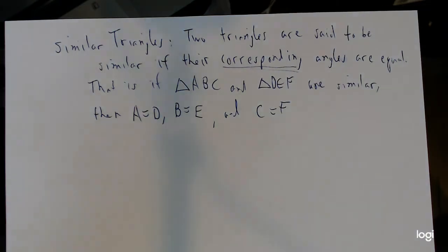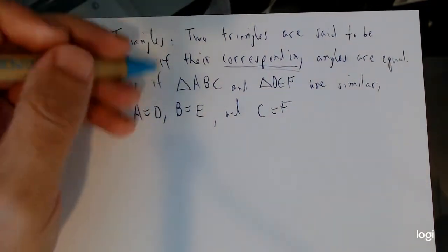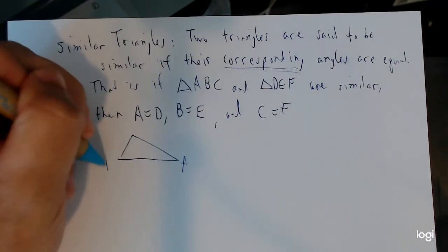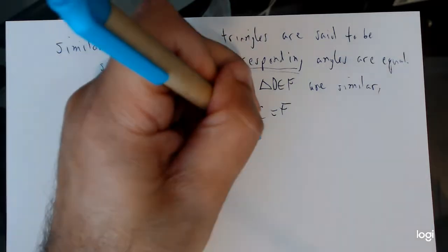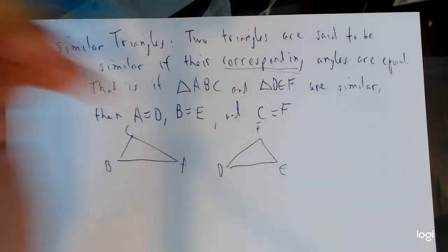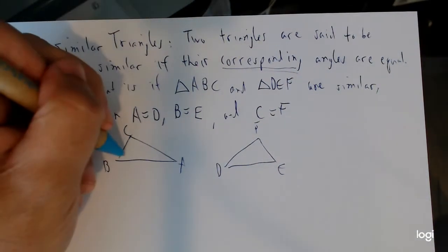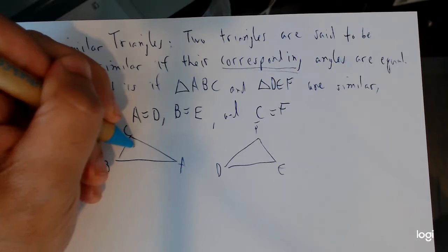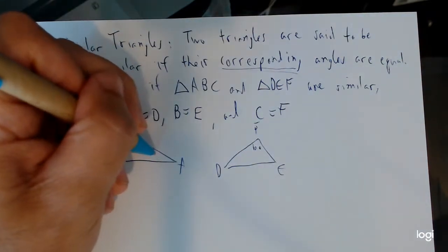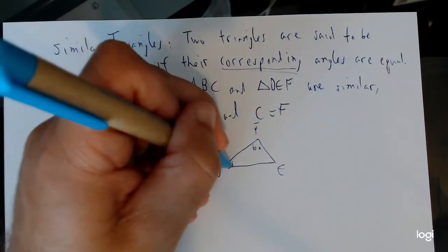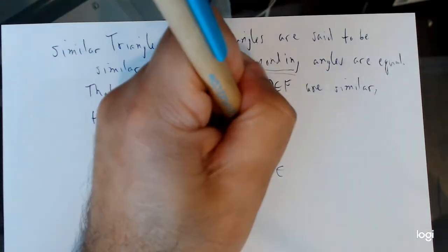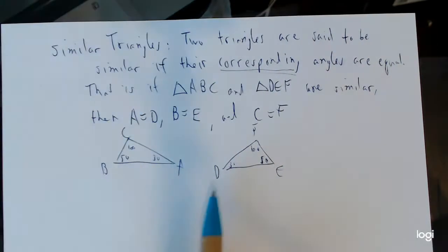So visually speaking, let's say A, B, C, and let's do something like this, D, E, F, and I'm going to make some numbers up. This is 100 degrees, that's 100 degrees. This is 30 degrees, and this is 30 degrees, and this is 50 degrees, this is 50 degrees. Now, how come we know that these triangles are similar?